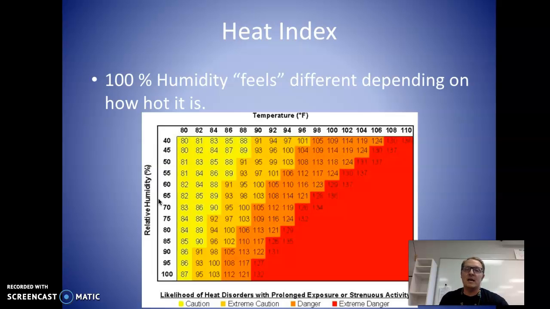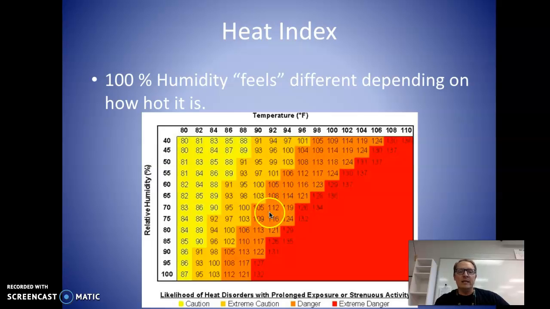The reason you have to be careful with this, even though it's not the real temperature outside, your body will respond as if the heat index is the actual temperature, right? Let me give you an example. If it's 92 degrees outside and we have 70% relative humidity, if I follow 92 down on this chart to find where 70% relative humidity matches up with it, we come up with a number of 112.